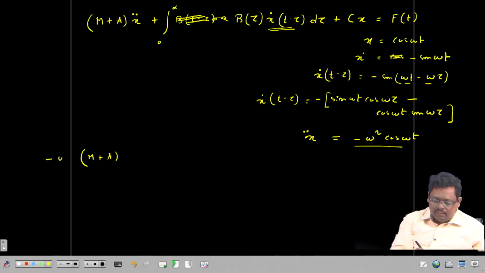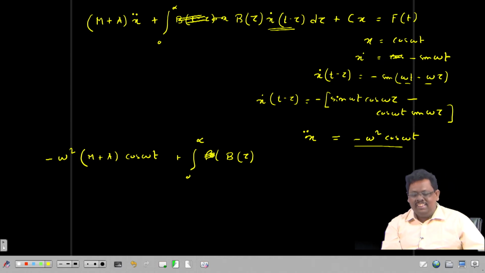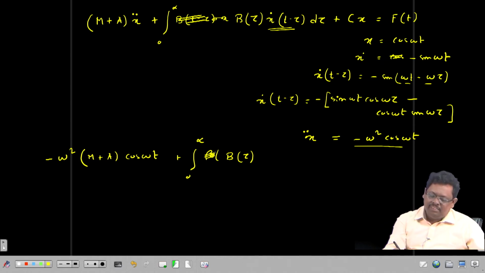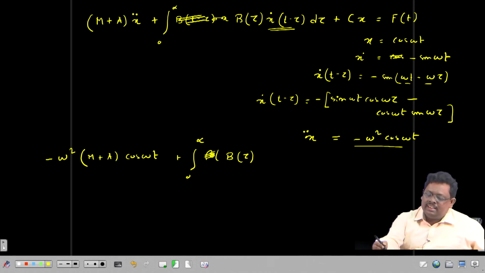So, it is minus omega square into cos of omega t. Now, plus integral from 0 to infinity, we have, okay, all the time I am just writing beta, just my habit, so it should be beta, whatever, it is up to you. Now, again it is x dot t minus tau, I just substitute over here.